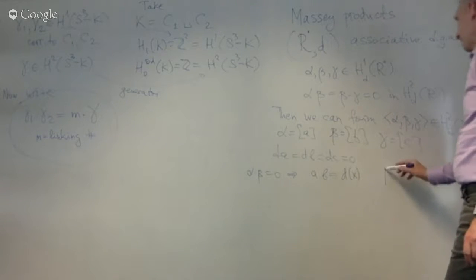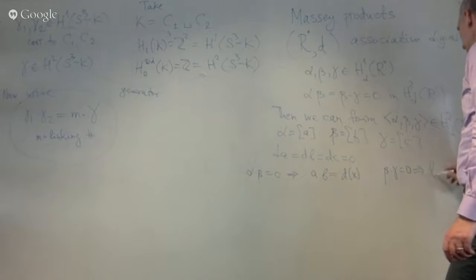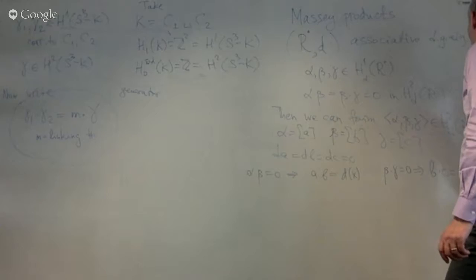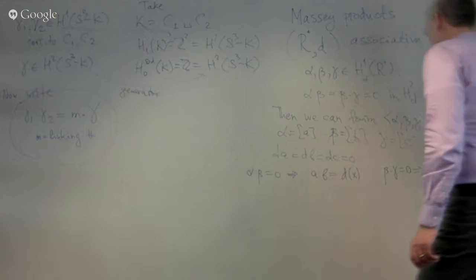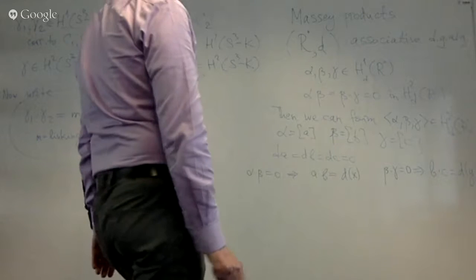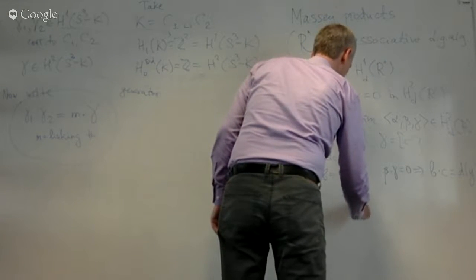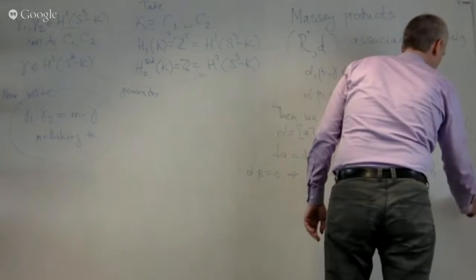And beta times gamma equals 0 means BC is dY, and X and Y are one-cochains.